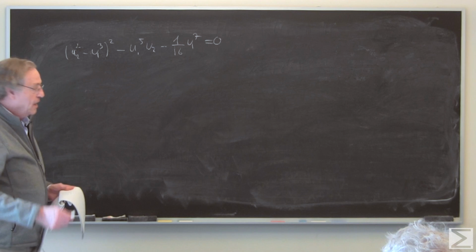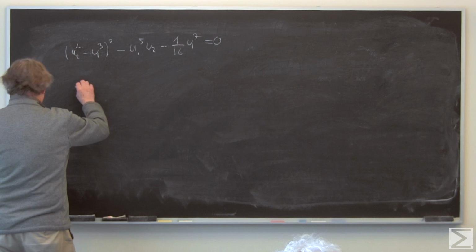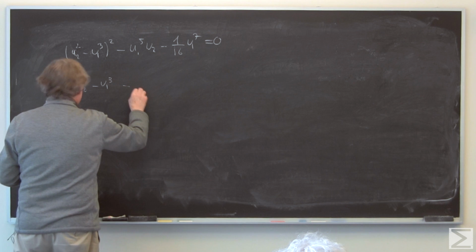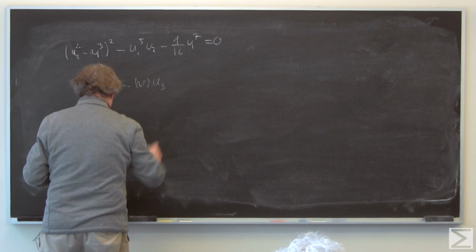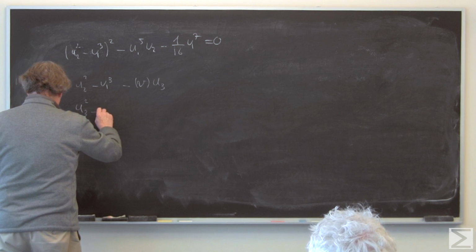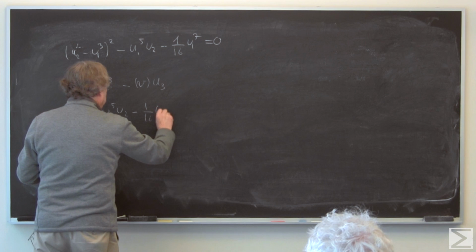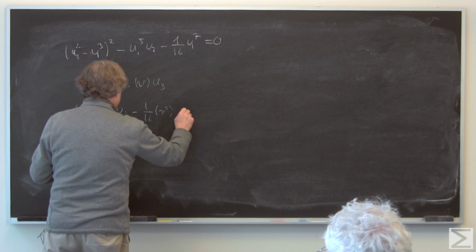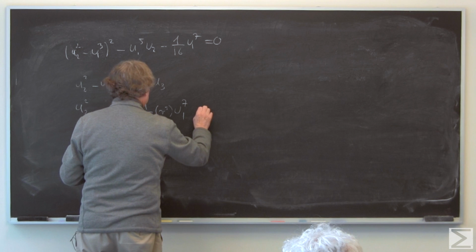space. And let me show you that by telling you that this curve can also be viewed as follows: (u2 squared minus u1 cubed minus v) and (u3 squared minus u1 to the 5 u2 minus 1/16 v squared) and u1 to the 7 equals 0.